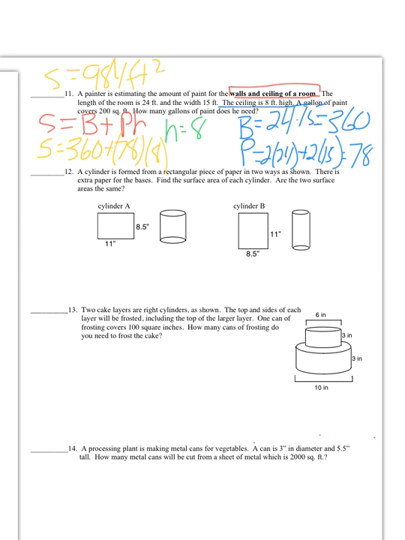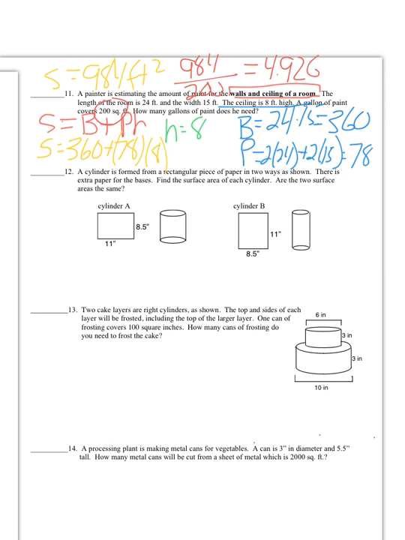But there's more to the problem. They want to know how many gallons of paint they need to paint the room. We know that 1 gallon of paint covers 200 square feet. It says it right there. So we'll say 984 divided by 200, the feet squared cancel out, is going to equal 4.92 gallons.